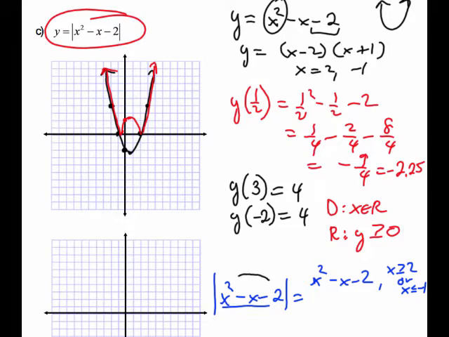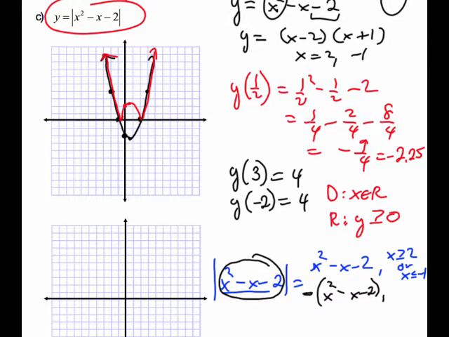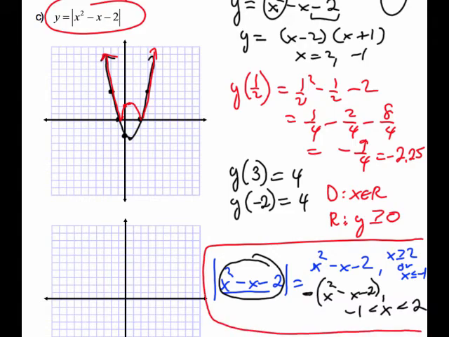And this absolute value is equal to the opposite of this thing on the inside, in other words, a reflection of the black across the x-axis to become the red, if x is anything else. In other words, x is between negative 1 and 2. And so I have my absolute value function in piecewise form.